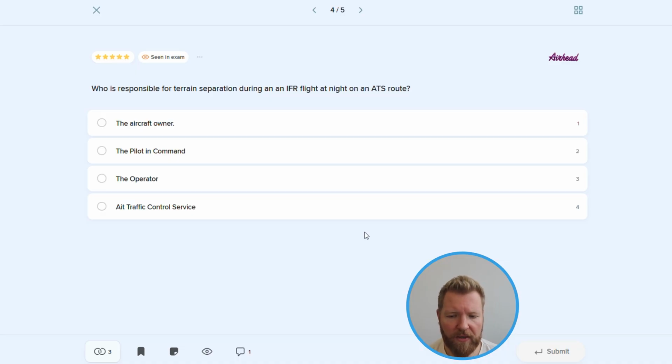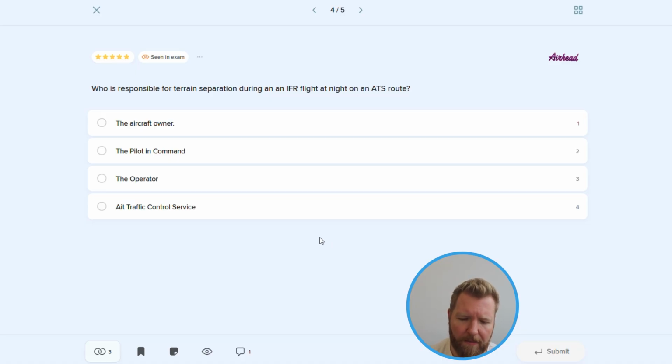And what you have to remember is that the pilot in command is always responsible for terrain separation. Doesn't matter if it's IFR flight, VFR flight, day or night. There's only one exemption from this rule, and it is when we are under radar vectors. Then it is an ATC responsibility to provide terrain separation.